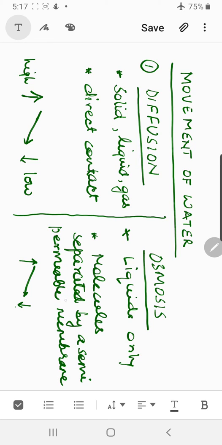Just for an example, when you talk about diffusion, we use a deo spray, a deodorant, or a mosquito repellent like HIT, or sometimes you experience the fragrance of an incense stick. All these examples are gaseous forms, the smoke of an incense stick, the deo spray, or a spray like mosquito repellent.